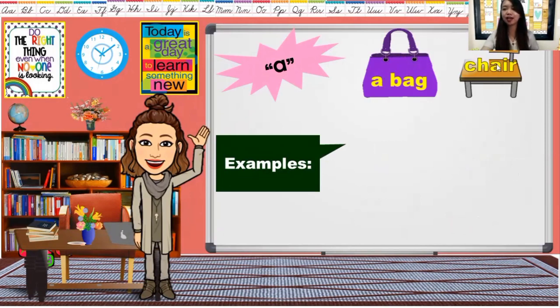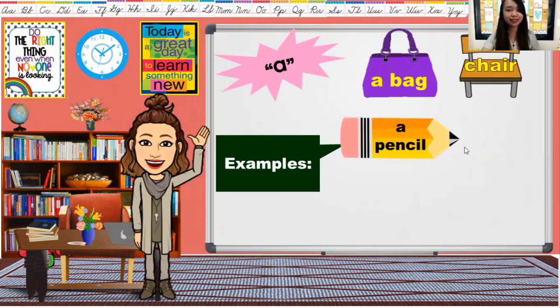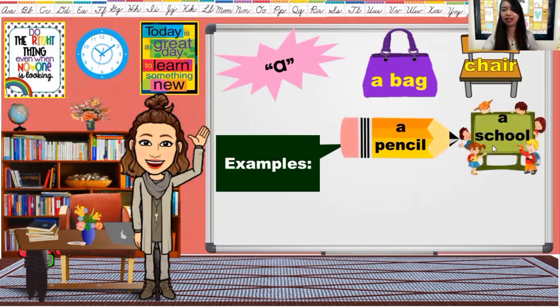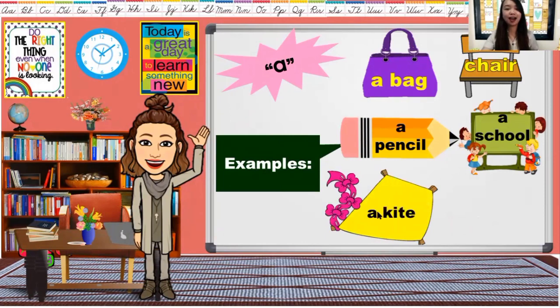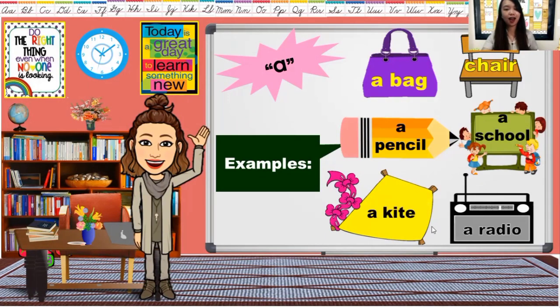Okay, another one is a chair, a pencil, a school, a kite, and a radio. Okay, so you have noticed that the nouns here begins with a consonant letter. Okay, that's why it uses an article a here.